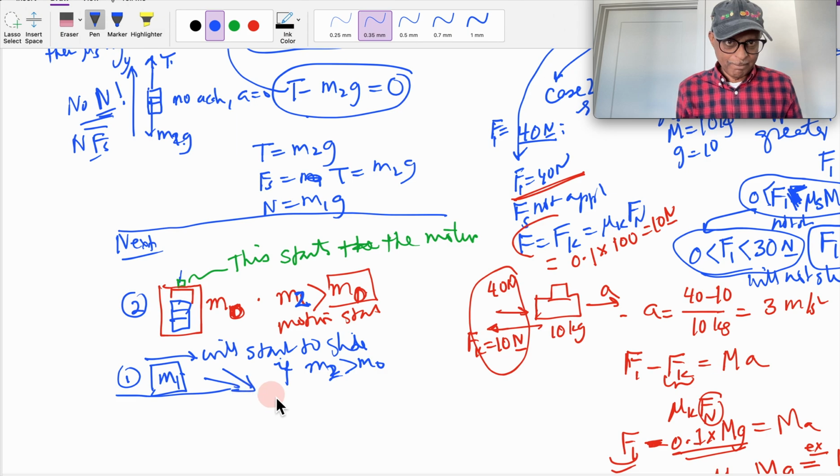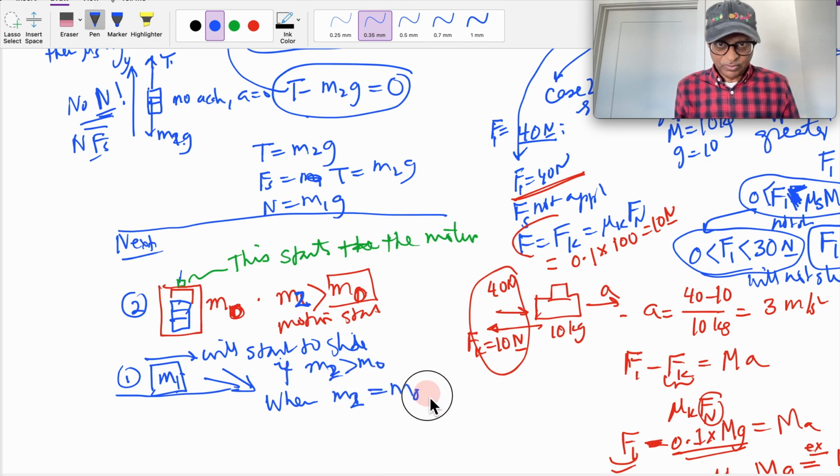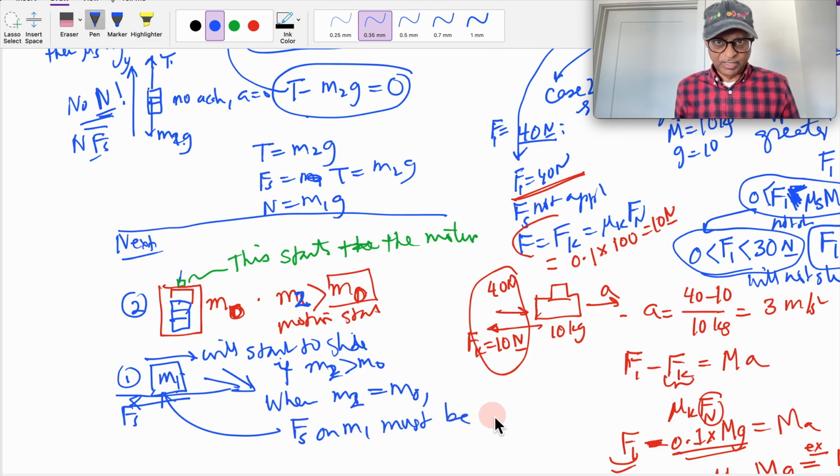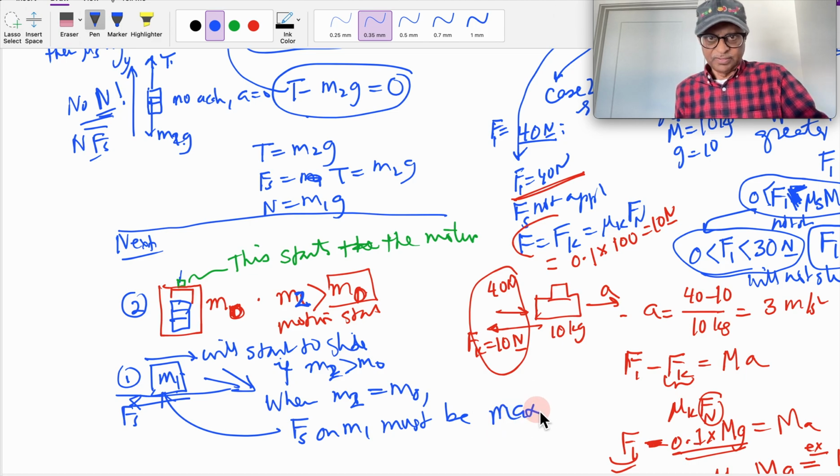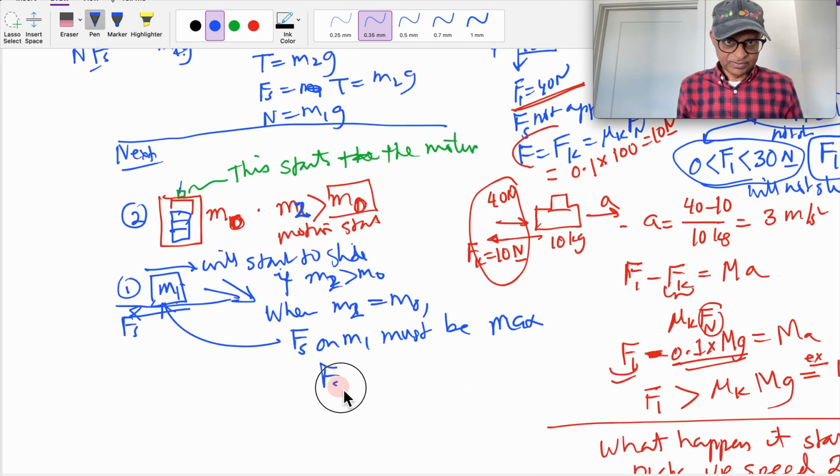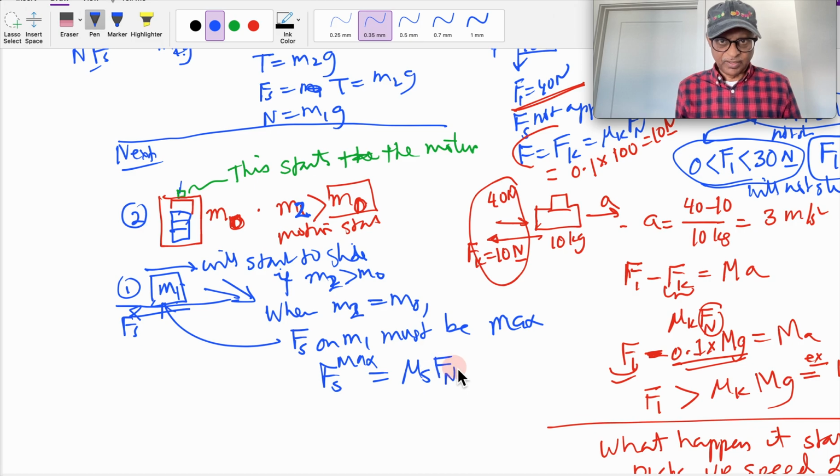That means when M2, not this mass, but the other mass, the hanging mass, equals M0, the Fs on M1 must be max. So Fs max will be mu s Fn.